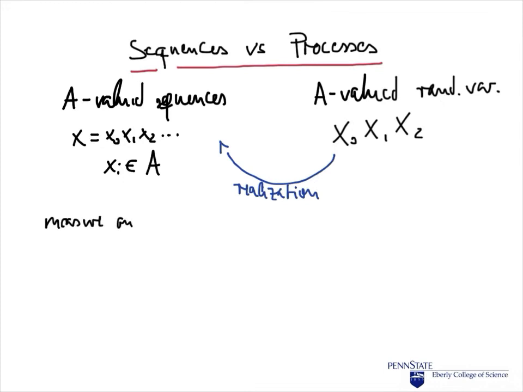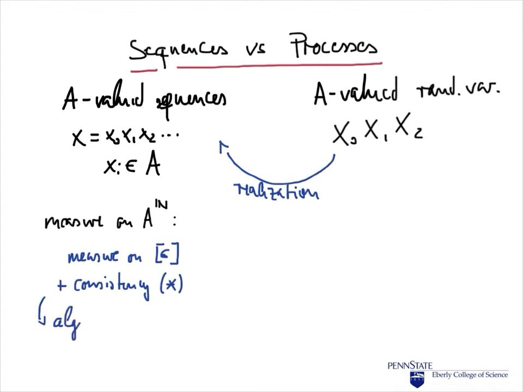To obtain a measure on the sequence space A to the N, here on this side we started with a measure on the cylinders and added the consistency condition star, and then observed that we can extend this via the consistency condition to the algebra of finite unions of cylinders.